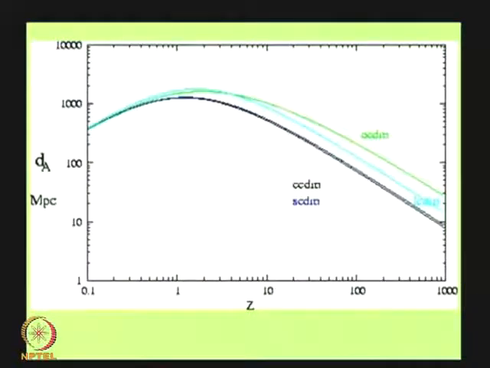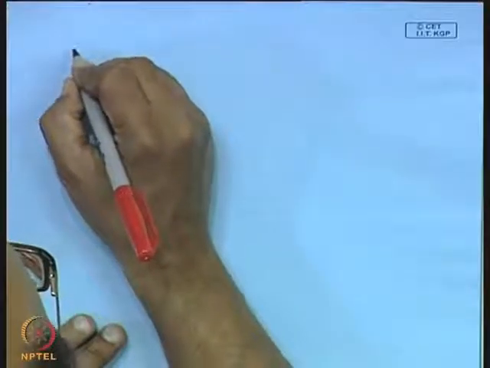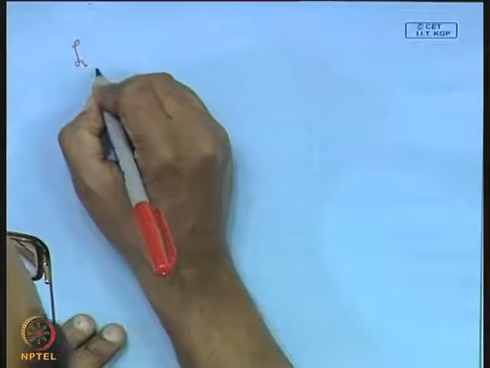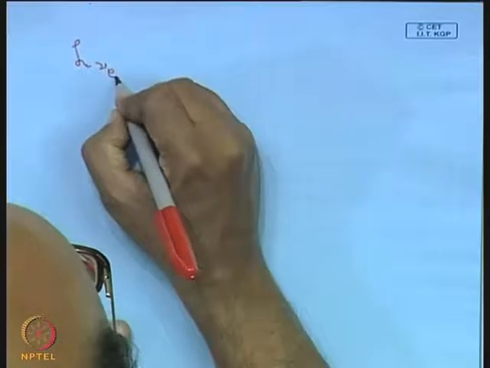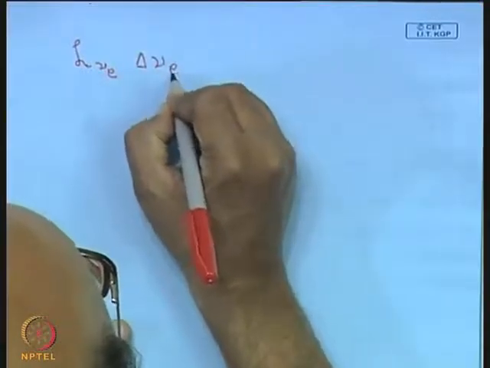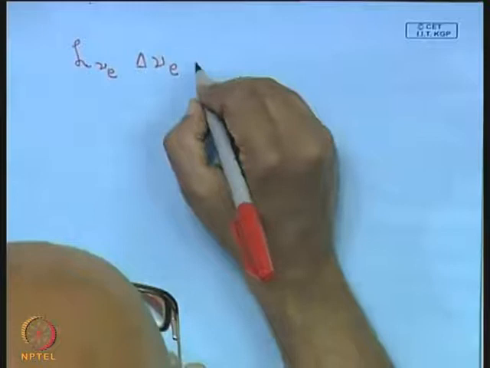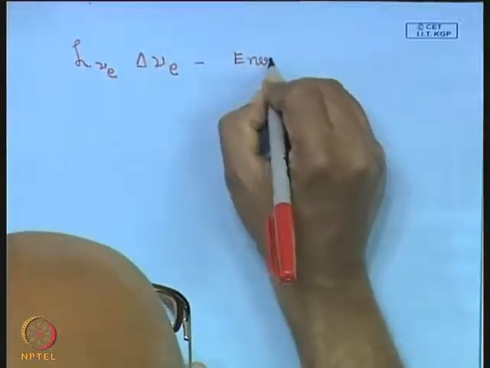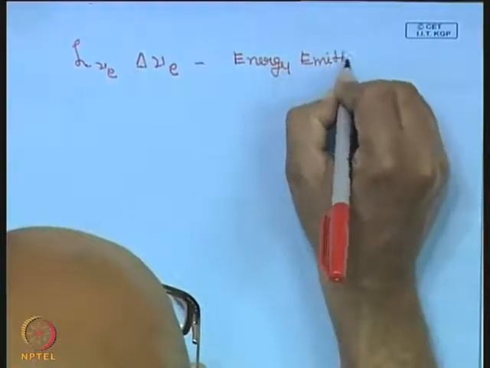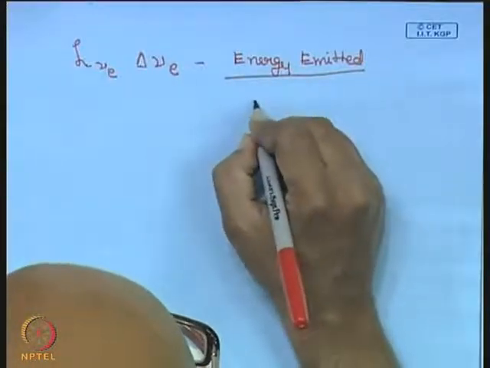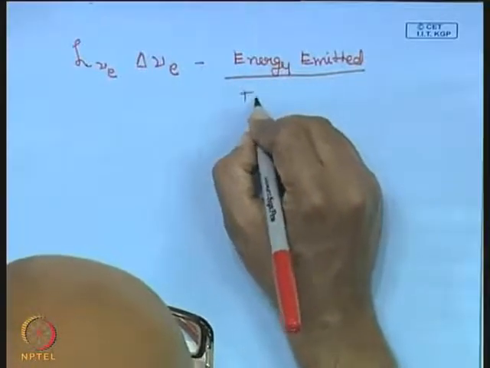Let us consider a source whose luminosity, the amount of radiation it emits in the frequency range, L nu emitted, delta nu emitted. This is the energy emitted in the frequency interval, per time.